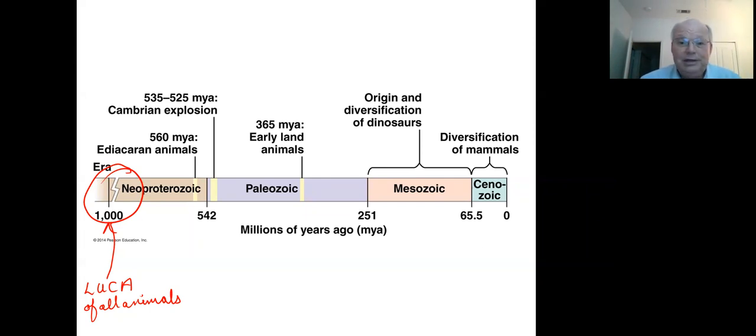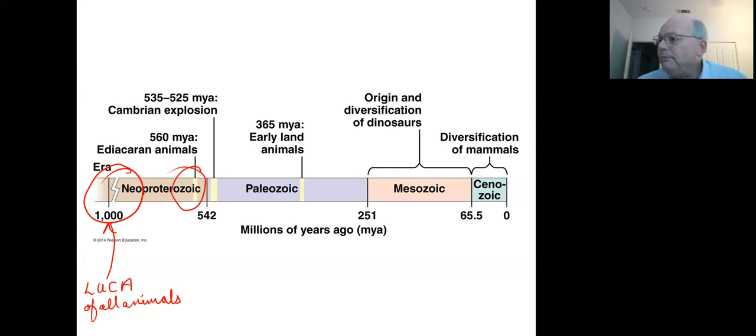But again, this is supposition. These are very, very small fossils and very hard to interpret, but we think, based on what they look like, that these may be early animal embryos. But our first clear emergence of animals is here in the Ediacaran.